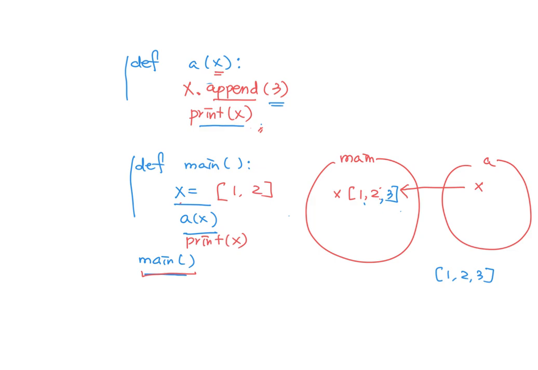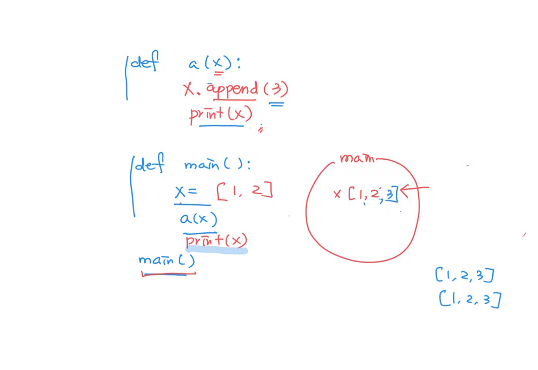When that is over, the scope for the function a will be erased. But still, the variable x within the main function remains. So when I run this code and print x, the x is representing the x in the main function, so the values of 1 to 3 will be displayed.